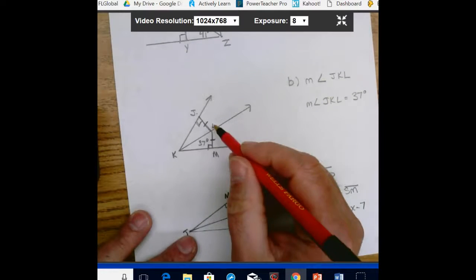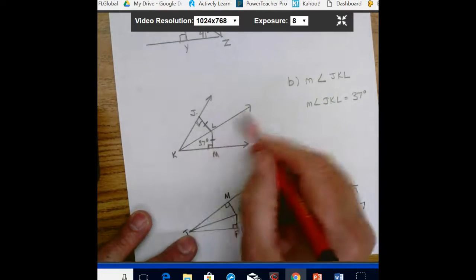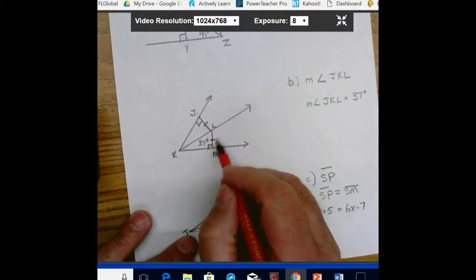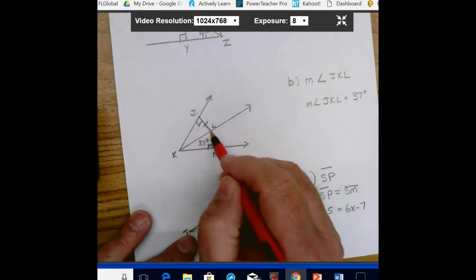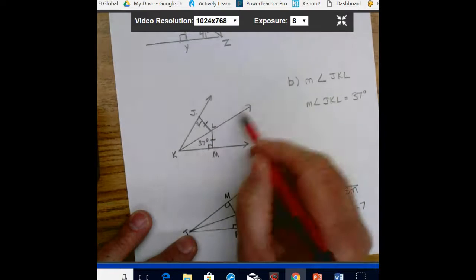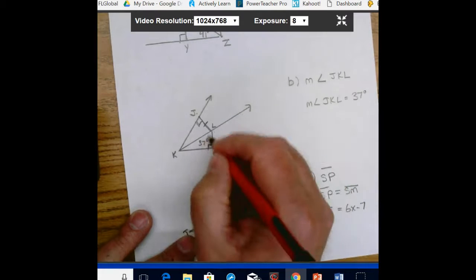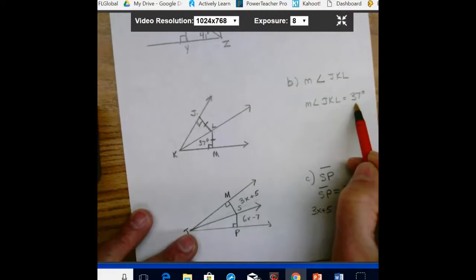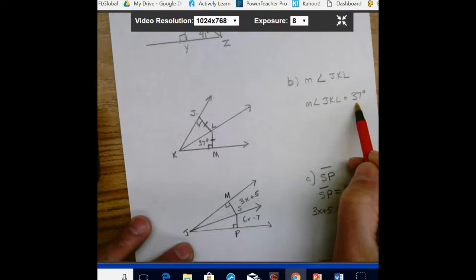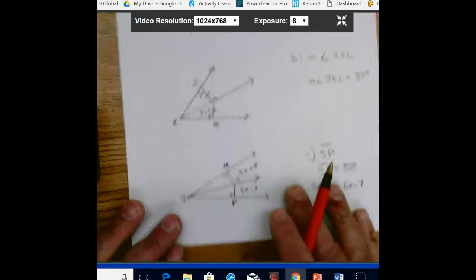So this is meeting this angle bisector, so we know that these are the same length. They have to be. So if these are the same length, we know this is an angle bisector. So if this is 37, then angle JKL is 37 degrees as well. Then we can just go 37 plus 37. That will give us 74 degrees for the entire angle.